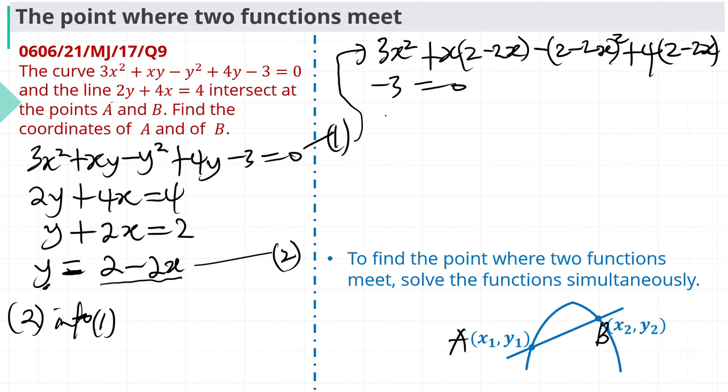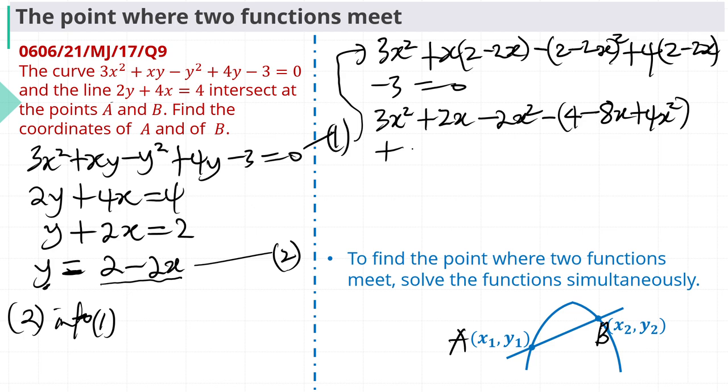Now let's expand this. We get 3s² + 2s − 2s². Expanding this bracket, we get 4 minus 8s plus 4s². Then 8 minus 8s minus 3 equals 0.